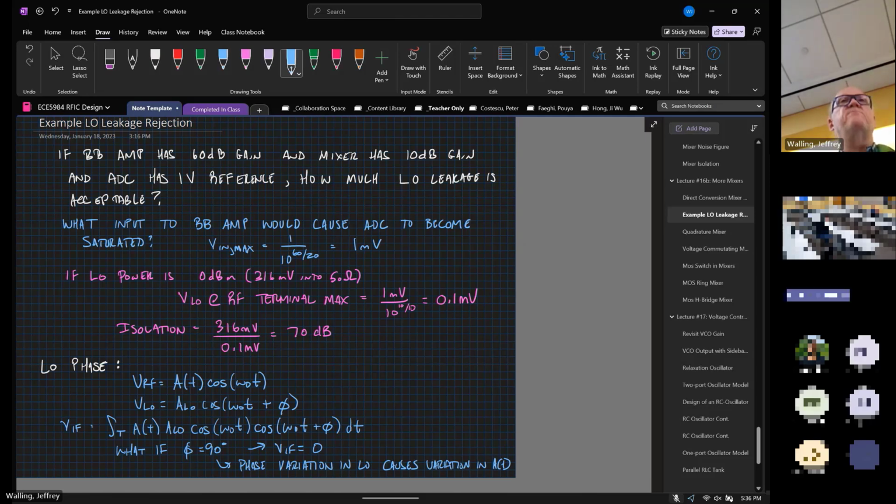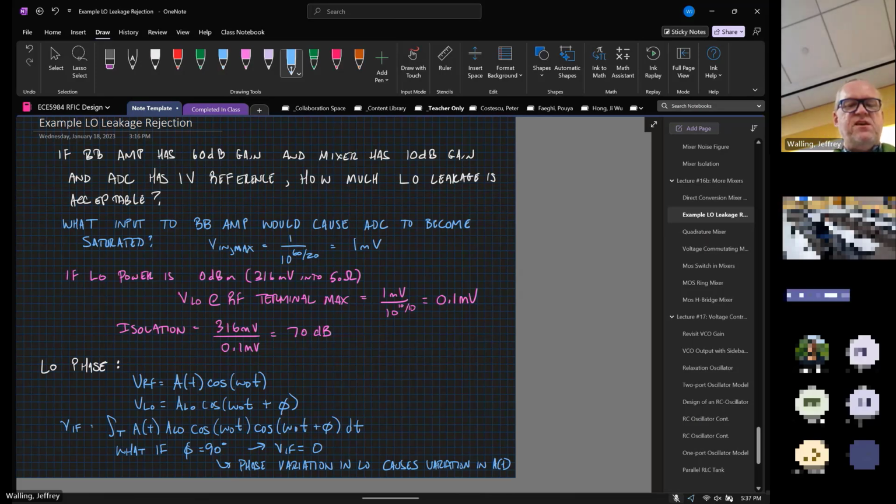The RF signal might have some time varying amplitude because we might have amplitude modulation of the signal. The LO signal typically has a constant amplitude. And we're going to mix these two down to baseband. So our IF is just equal to the integral over the symbol period of the LO signal times the RF signal, dt.